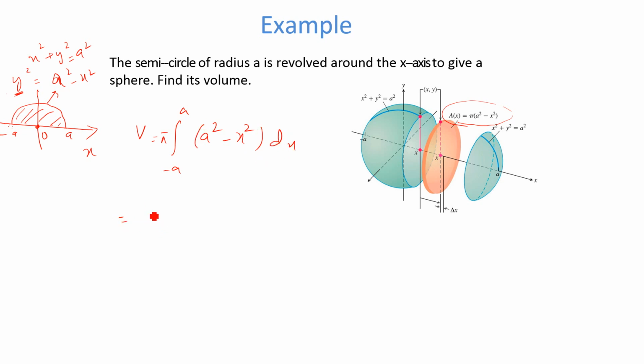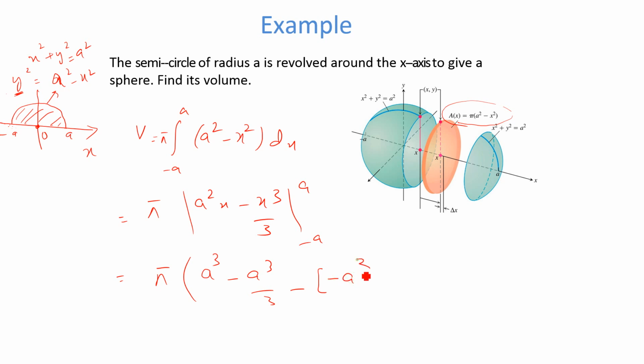So this is equal to pi, we have to integrate this, a squared x minus x cubed over 3, from minus a to a, and this is equal to pi times a cubed minus a cubed over 3, minus negative a cubed plus a cubed over 3.